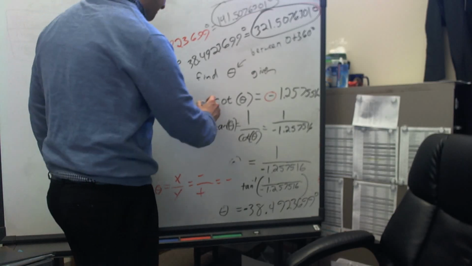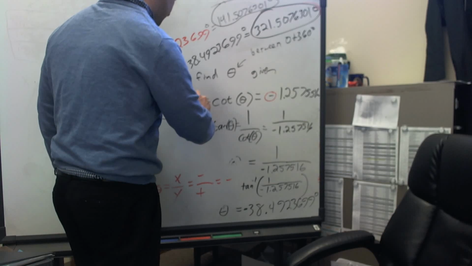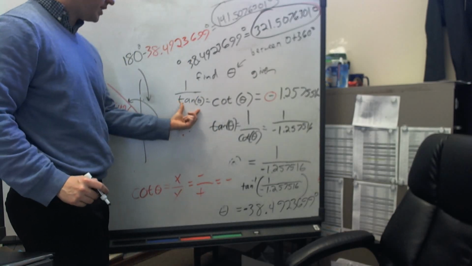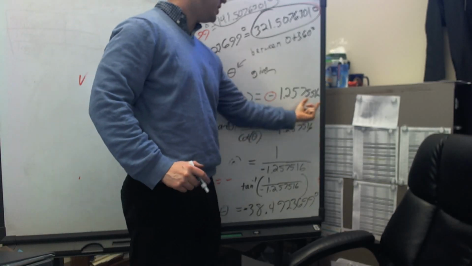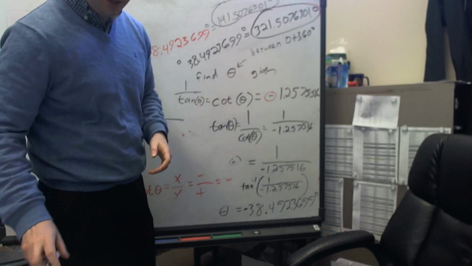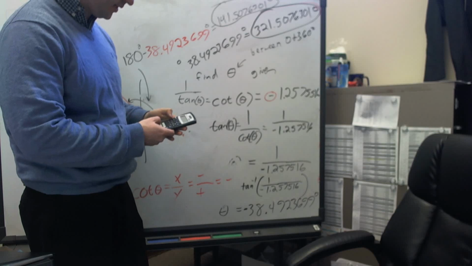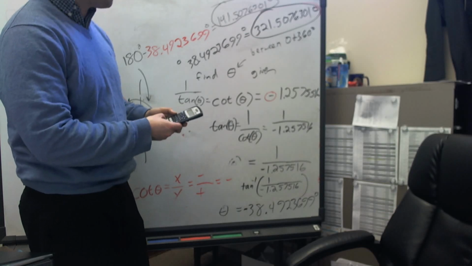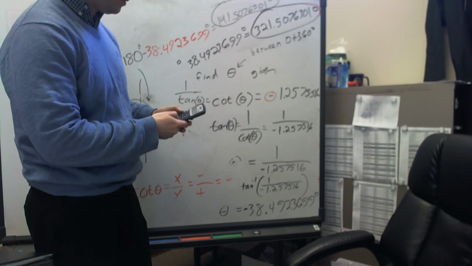What is cotangent? It's 1 over the tangent, right? So when I put 1 over the tangent of our angle into my calculator, will that give me negative 1.2575516? Well, let's try it with our answer here, the 141. Okay, so I'll do 1 divided by tangent 141.5076301.